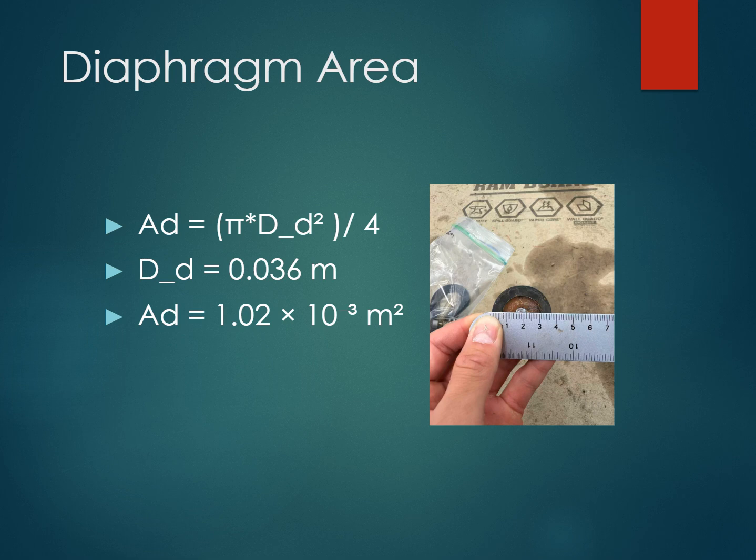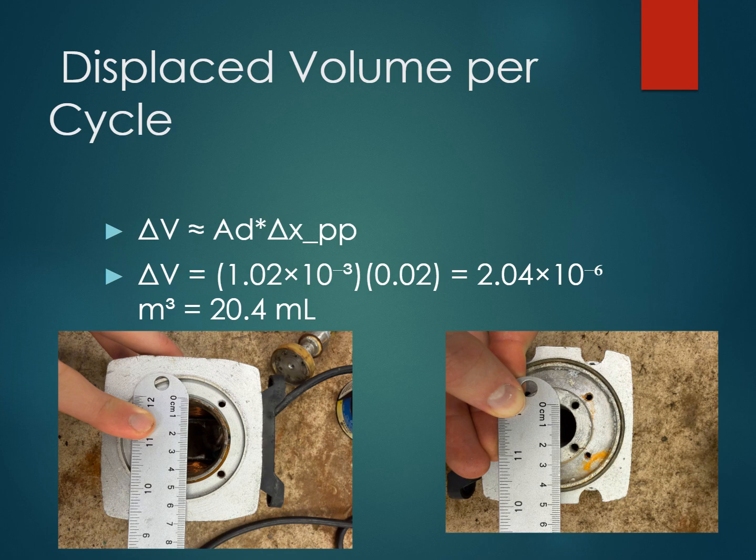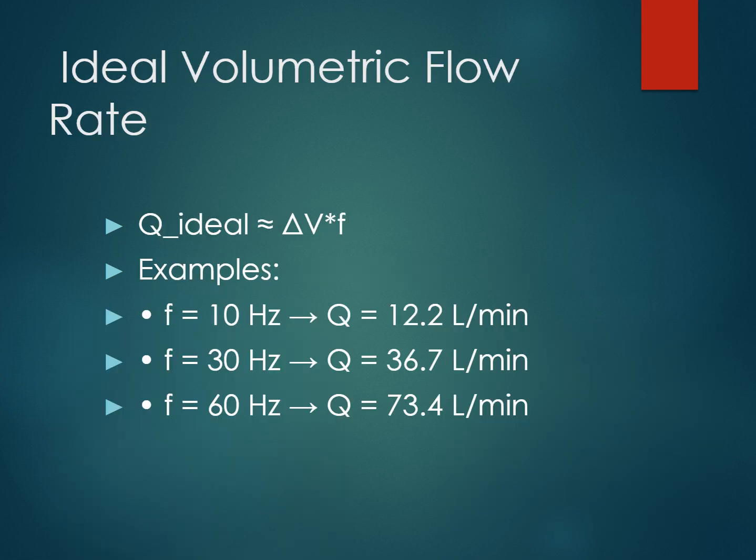So the diaphragm area we measured to be around 1.2 times 10 to the negative third meters squared. And based on this, we found that the displaced volume per cycle was around 20.4 milliliters, which using this, we were able to find a rough volumetric flow rate depending on the frequency at which the pump oscillates.